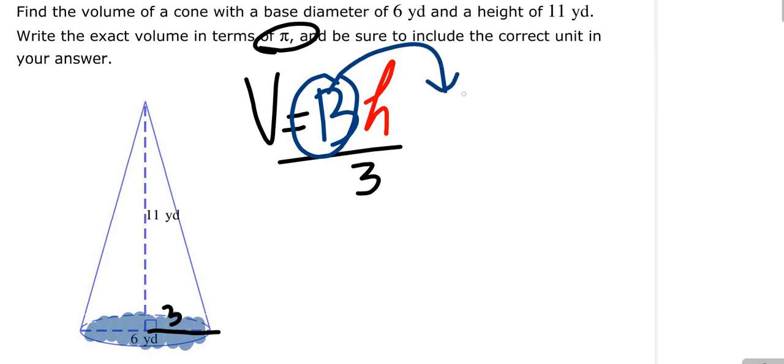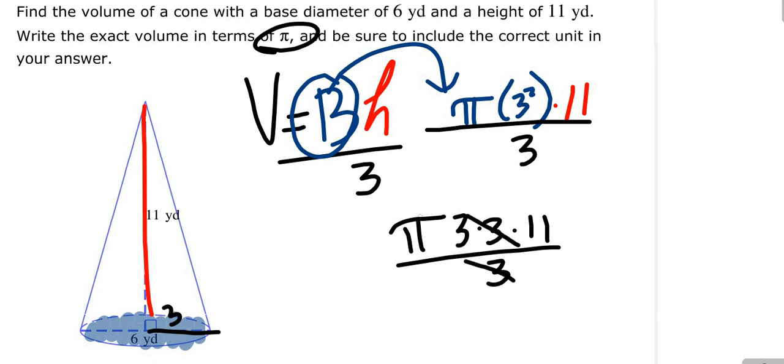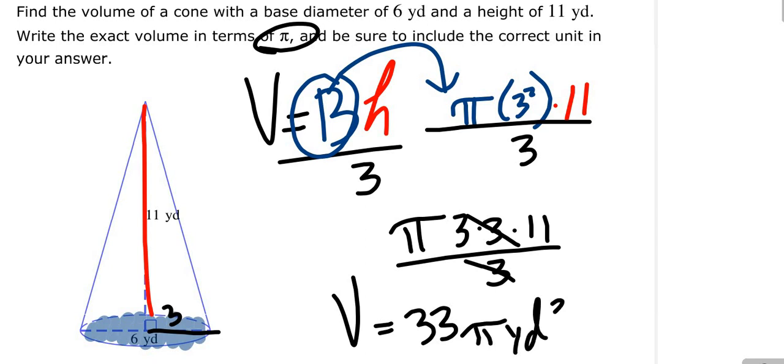So our base is pi r squared, so it's pi 3 squared times our height, which is 11 over 3. This is pi 3 times 11 over 3. The 3's cancel, so the volume here is simply 33 pi yards cubed.